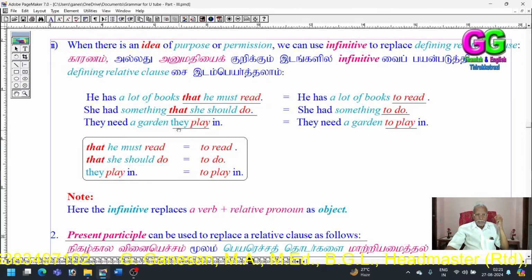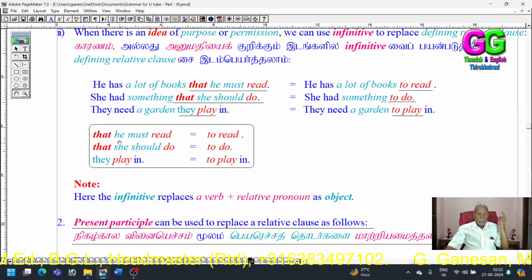Here "they play" is replaced by "to play." So in all these three sentences, "that he must read" is equal to "to read," "that she should do" is equal to "to do," "they play in" is equal to "to play in."